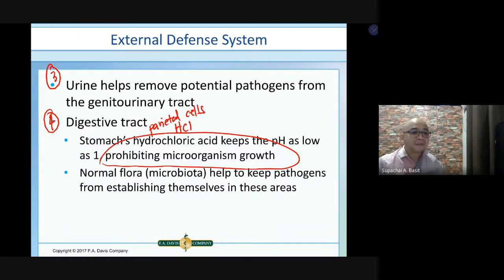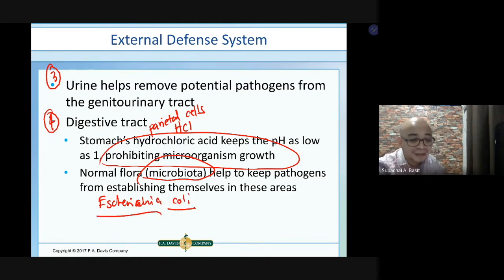Now, in our digestive tract, particularly in the colon, we have normal flora, or more specifically, normal microbiota. For example, Escherichia coli. Hello, bacteriology.